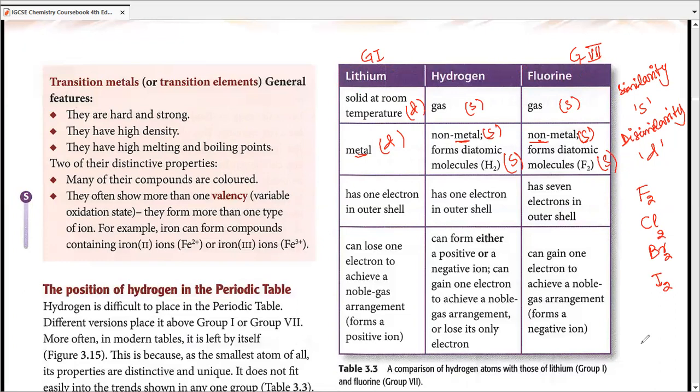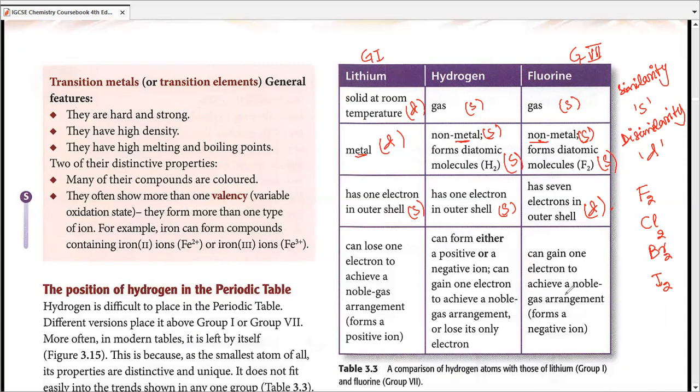Let me clarify that metallic character and formation of diatomic molecules are two separate points and can always be written separately. Now, let's compare the number of valence shell electrons. You're going to be astonished that this time the similarity of hydrogen lies with group 1 and the difference with group 7.